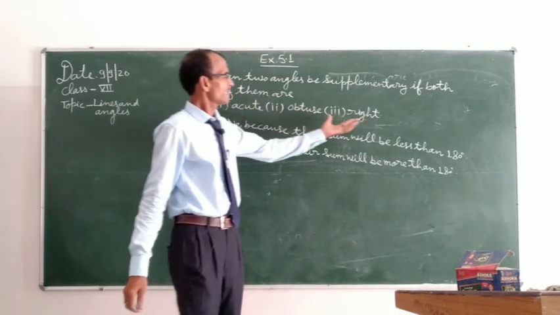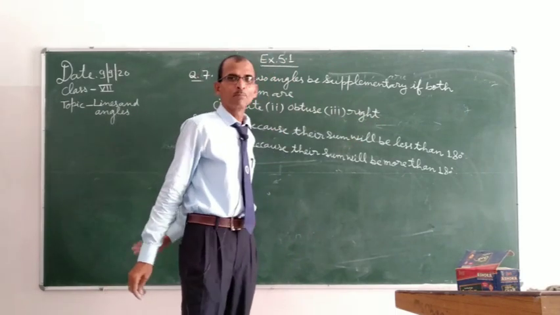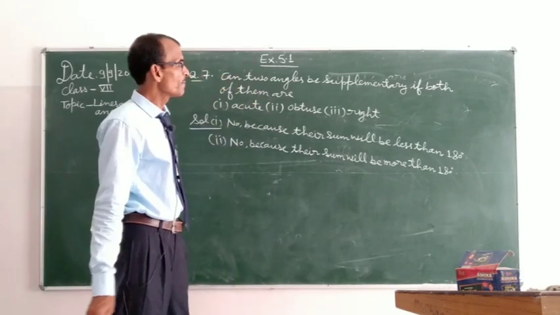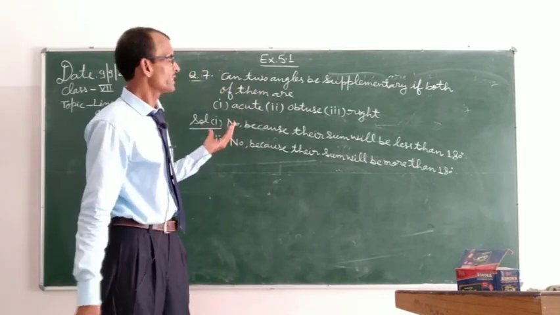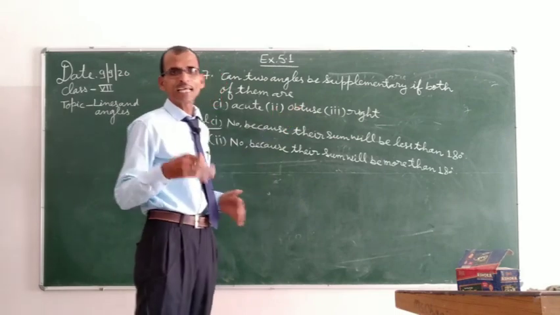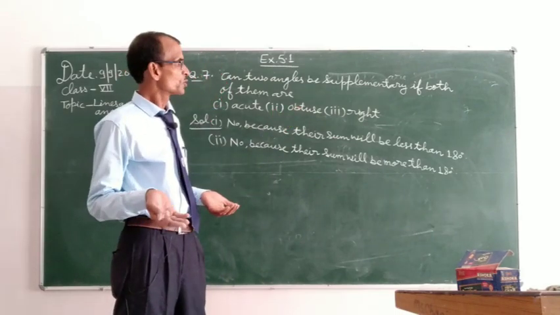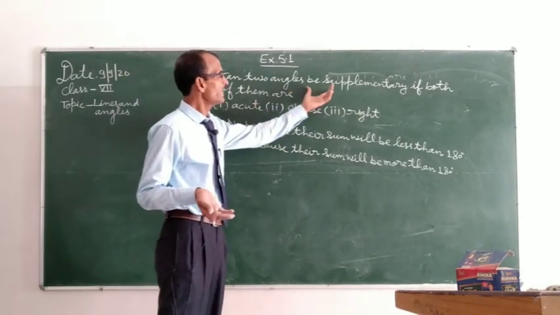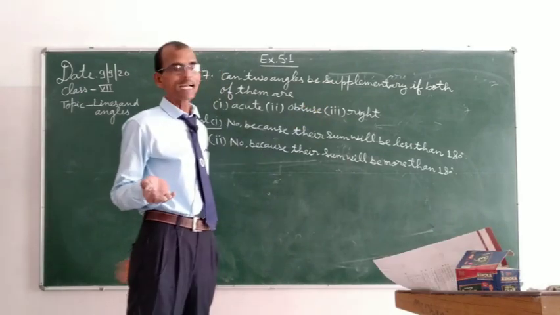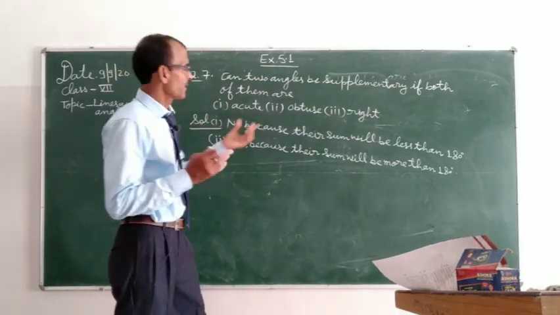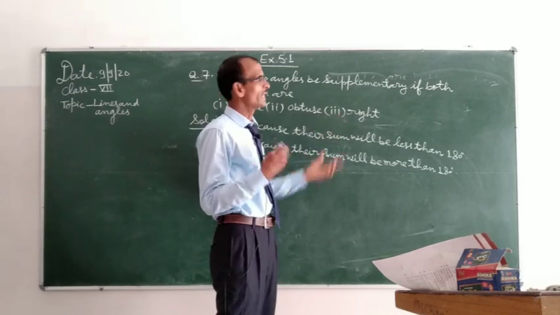Next part is right. If both the given angles are right angles, the measure of both the angles is 90 degree. So they will be supplementary because the sum of 90 degree and 90 degree will be 180 degree.